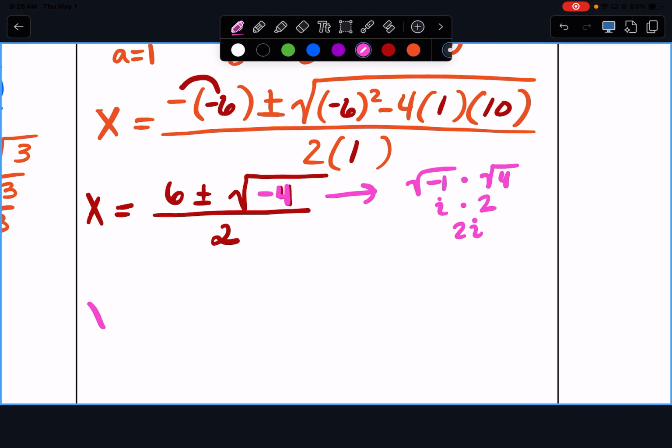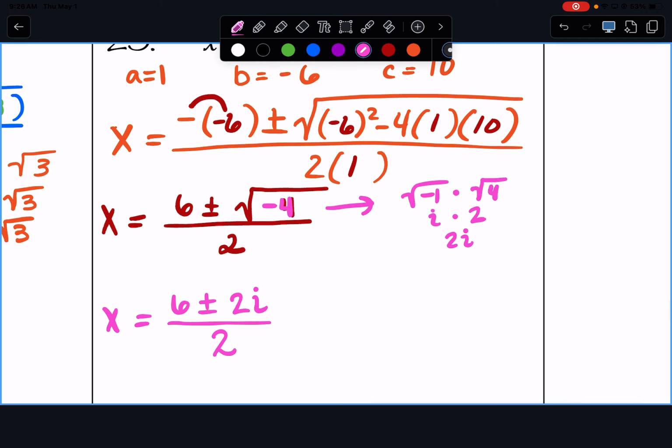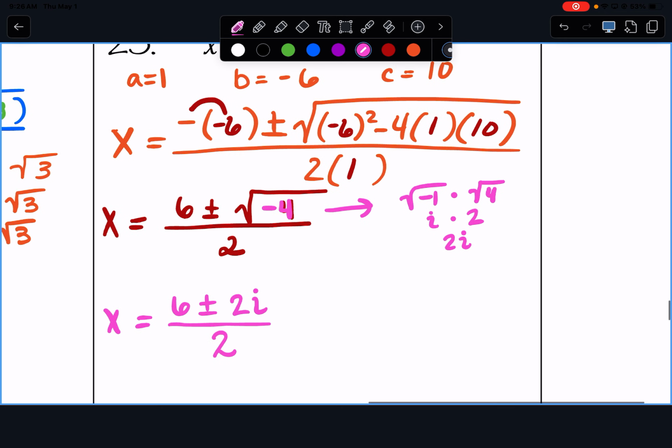So we get x is equal to 6 plus or minus 2i divided by 2. Wait, so if it's a square root, the i goes first? If it's not, second. Okay. The i always comes after the real part unless you have a square root. Then it has to go in front of it.